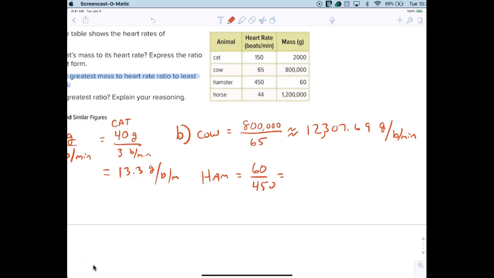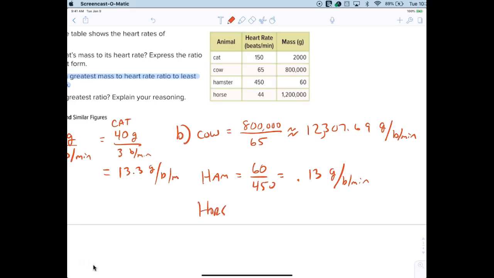Now divide it on the calculator. Just divide it for me. 60 divided by 450. Yeah, thank you. I think I caught you with this class. I'm sorry, guys. So it's 0.13 grams per beat per minute. All right, that was the hamster.